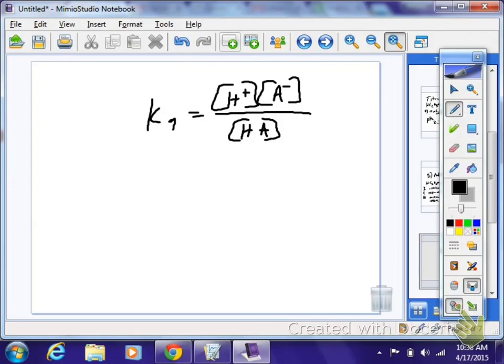We went through that long process to figure out two concentrations. Our Ka still is going to be 1.8 times 10 to the minus fifth for acetic acid. Do we have any H plus ions floating around in our solution?